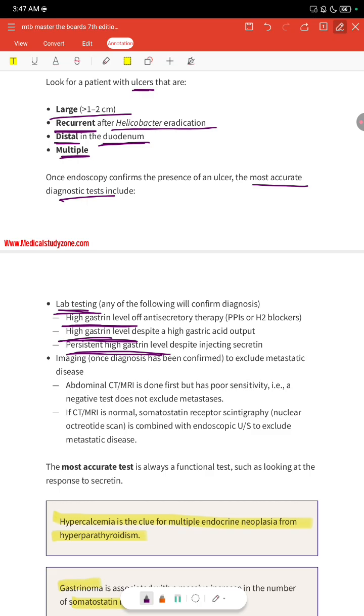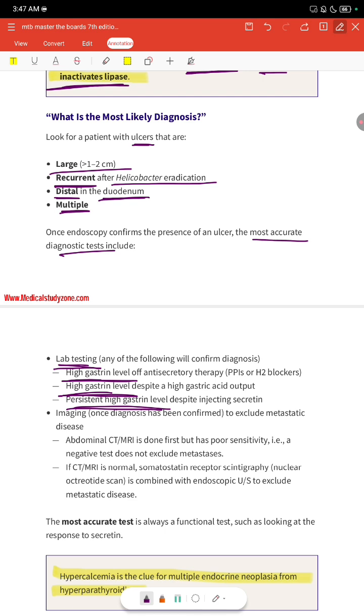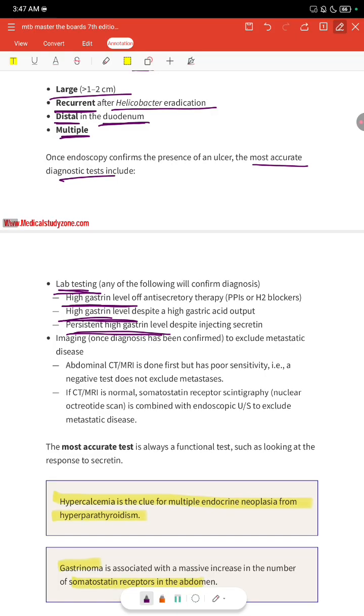So it indicates that there is gastrinoma that is continuously producing high levels of gastrin despite a high gastric acid output, despite injecting secretin. This was the first option.